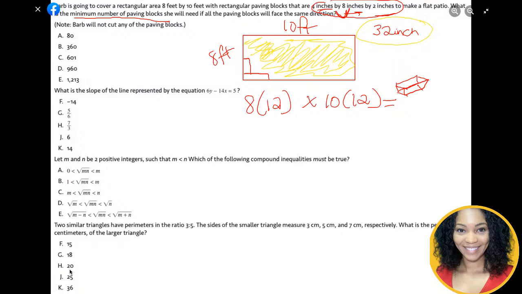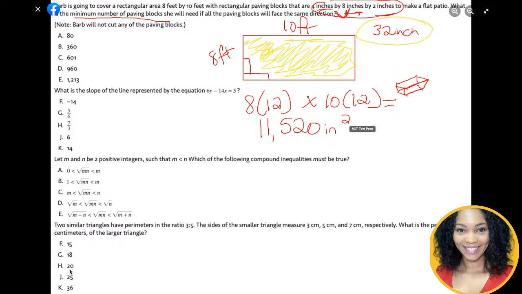I did 12 because you know there are 12 inches in 1 foot. So 8 times 12 times 10 times 12 gives us 11,520 square inches inside of that rectangular space.